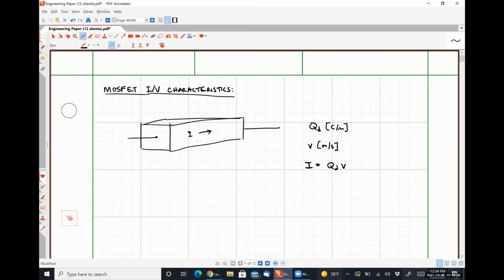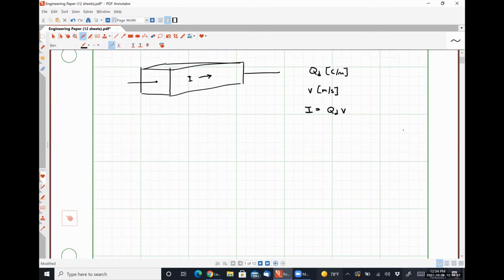So let's now consider an NMOS transistor, like so. I'm going to try to draw the picture of the surface of one here. So we have our N plus source region.